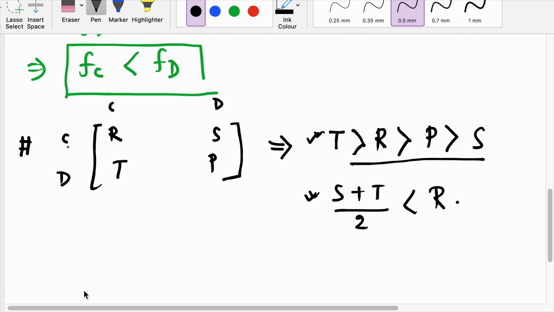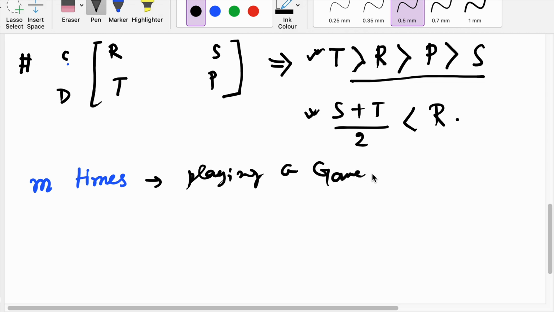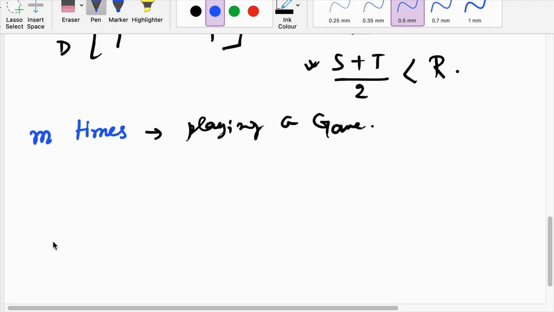Now let's see, suppose we want to play a game m times. Is there any strategy that will promote cooperation? Is it possible? This is the question. Suppose we make a strategy which is called Grim.